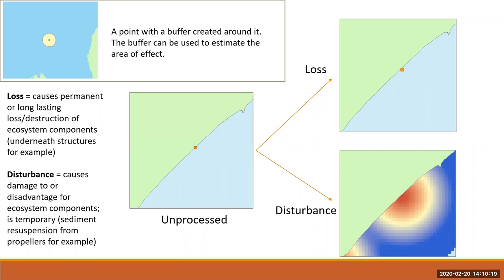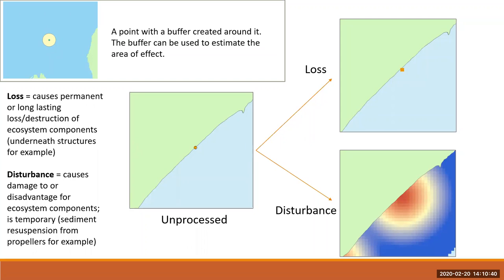And then the disturbance is usually a little more complex. In the case of dredging, for example, the sedimentary suspension, the effects of it are highest in the middle, and then the effects start to dissipate towards the edge.